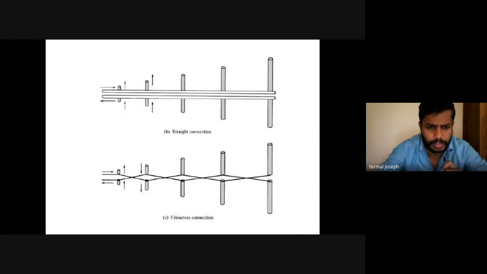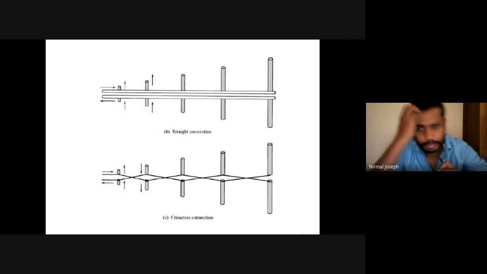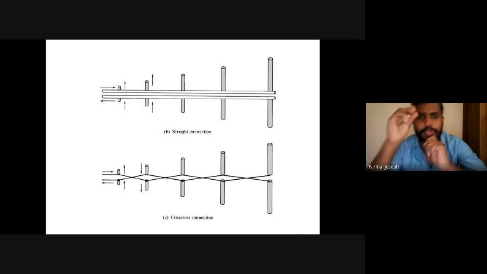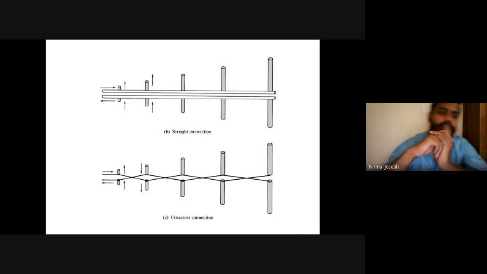In the straight connection, all lower elements are connected through a single line, and all upper elements are connected with another single line. These are the two possible types of connections.